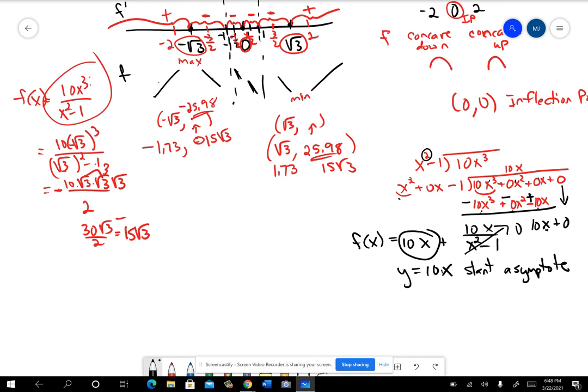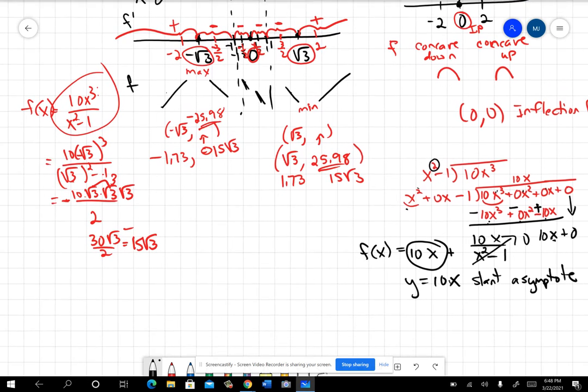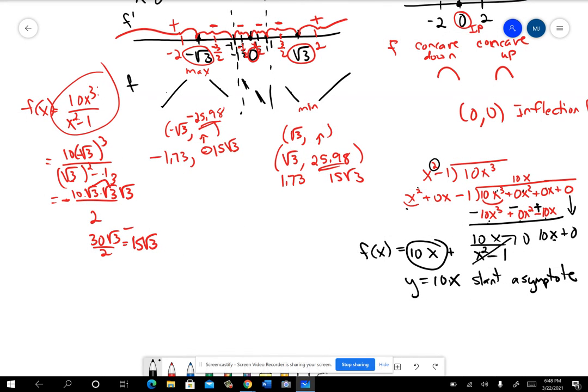All right, and then we did the places where the function was undefined already, but something else we want to do, I usually used to do it at the beginning, but since the guidelines have it near the end, I thought I'd wait. Another thing you want to know is where does f of x cross the x-axis? So f of x is going to equal 0 when the numerator equals 0, and that happens when x equals 0.